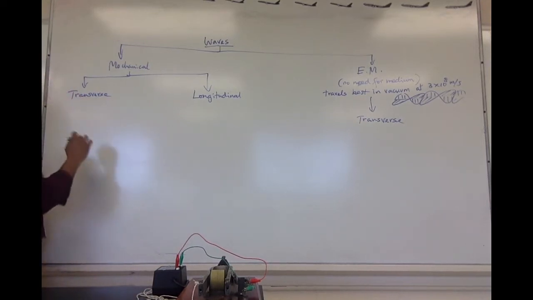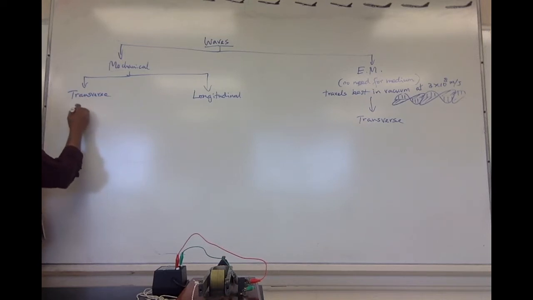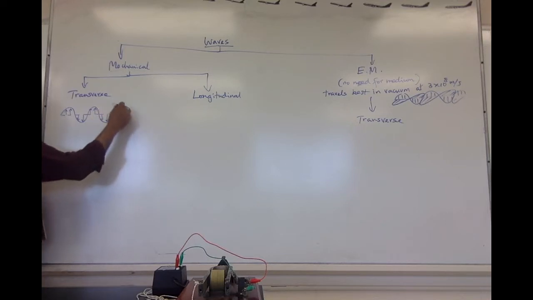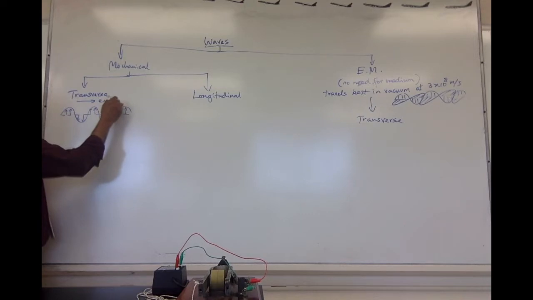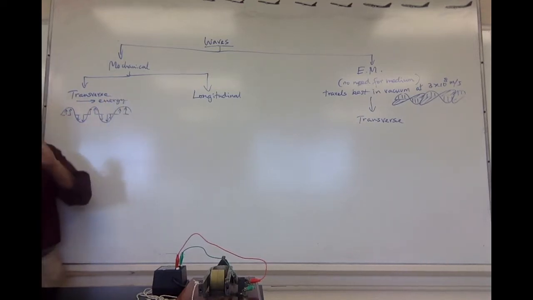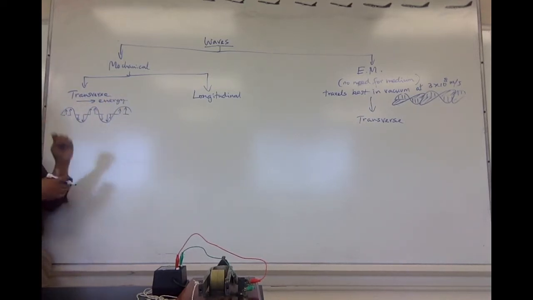Well, what is transverse? The word transverse, waves. When the particles are oscillating up and down like this. When the particles are tossed up and down, when the energy goes forward. Energy is moving forward, but particles are moving up and down.